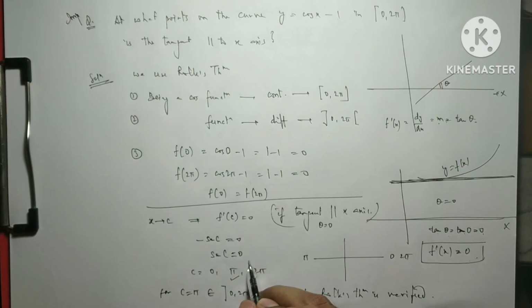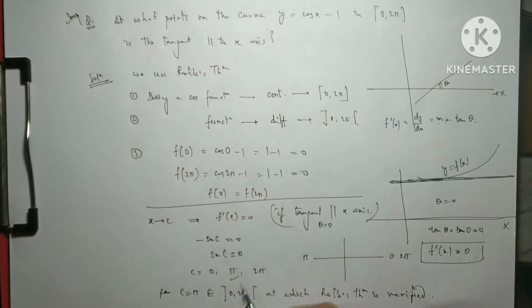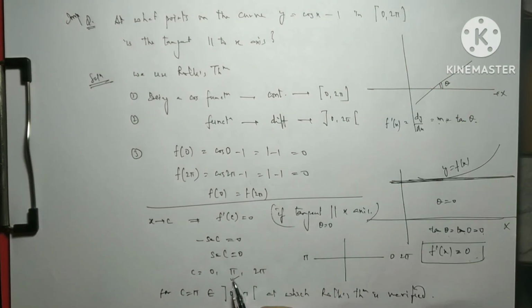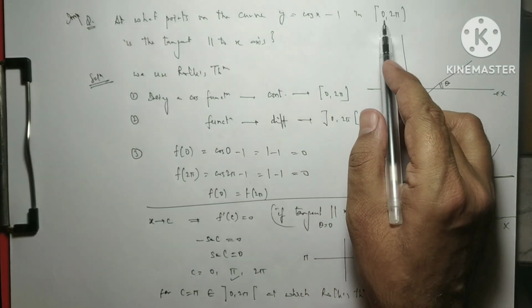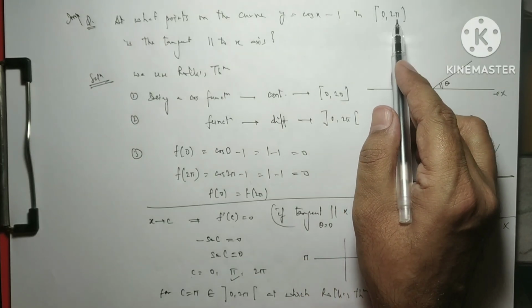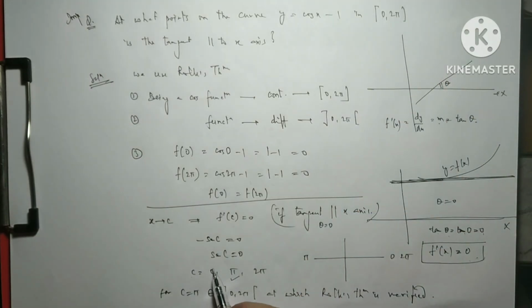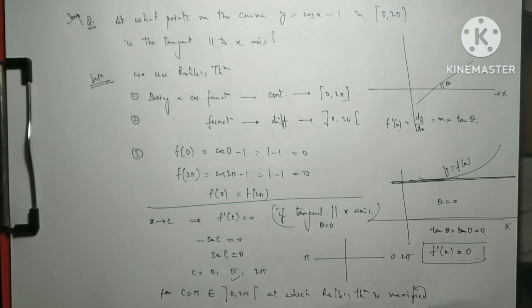So sin c is 0, which means in this interval it can be 0, pi and 2 pi. But we want the value between 0 and 2 pi, not the terminal values. So these are rejected. So pi is the only value of c for which Rolle's theorem is verified.